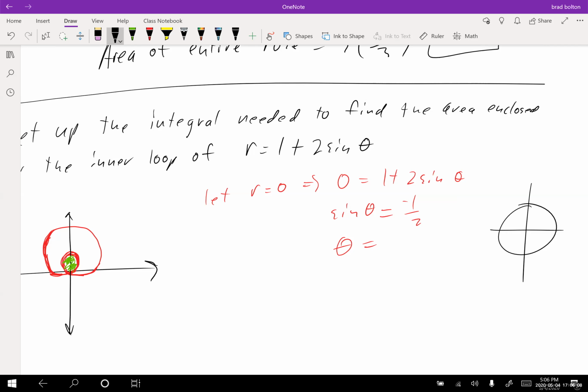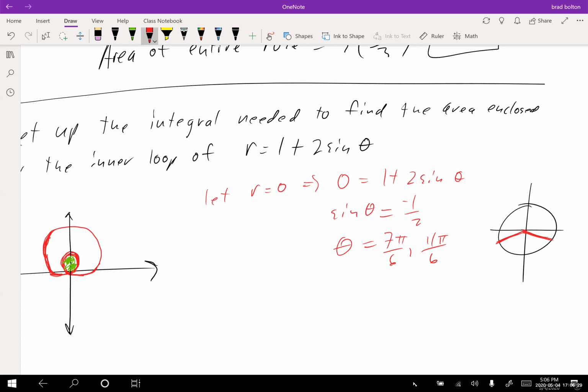So we know that this happens at 7 pi over 6 and 11 pi over 6. So right here, that's 11 pi over 6, and then right here.